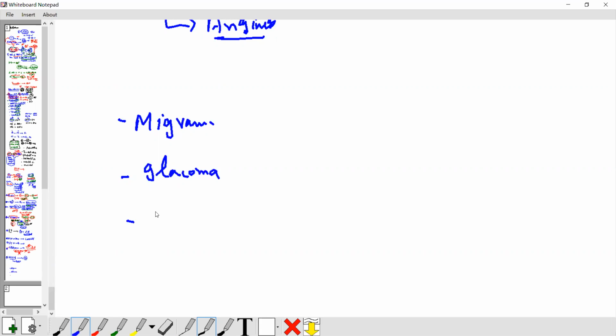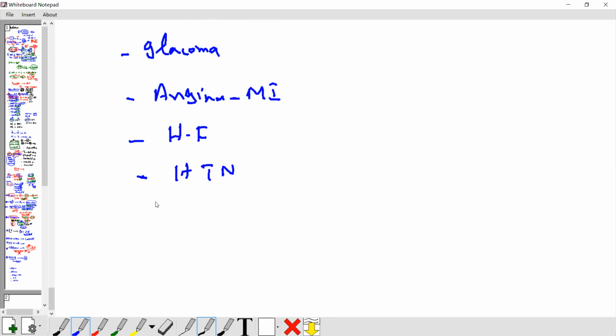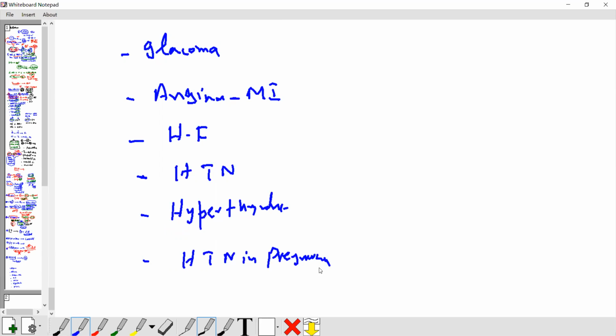In the cardiovascular system, heart problems: angina, MI, heart failure, and hypertension. Now in the neck, hyperthyroidism. Clear? Another, hypertension in pregnancy.